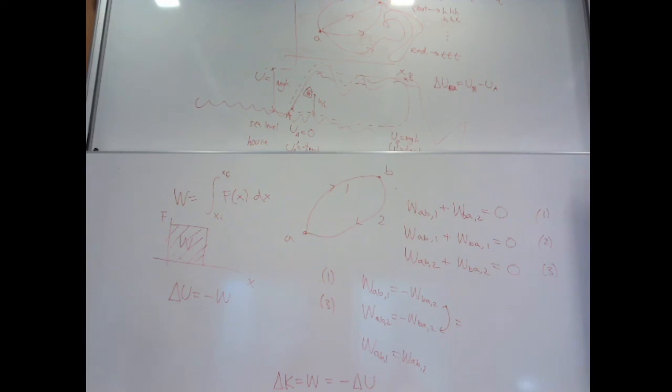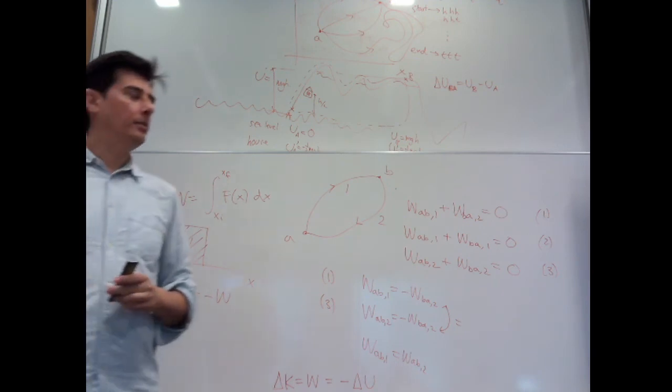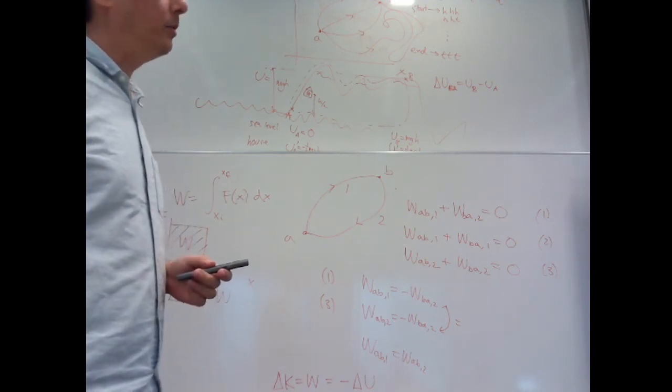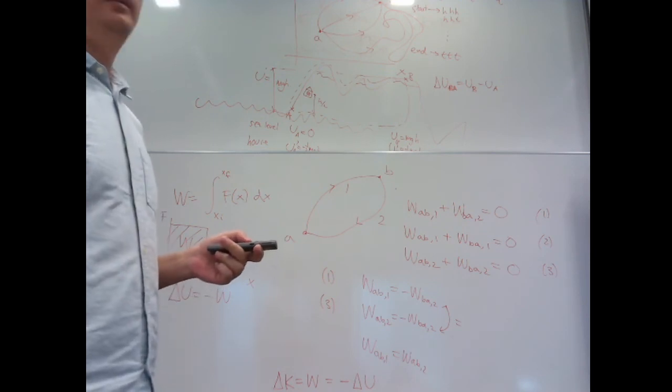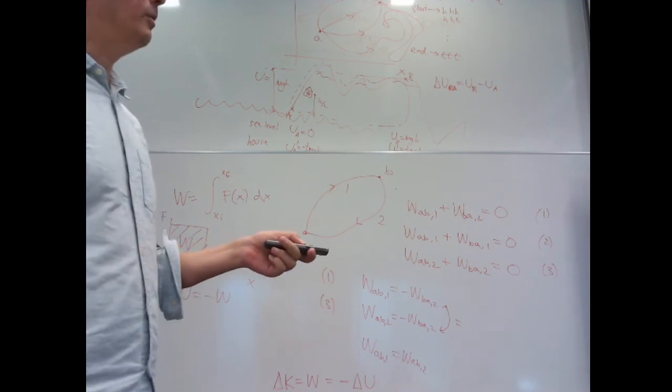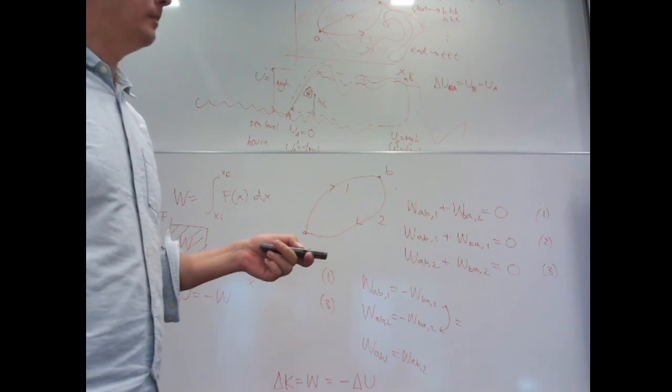So actually because of this minus sign, the largest one will be actually the one with the negative area under the graph, which is going to be the third one actually. Yeah.